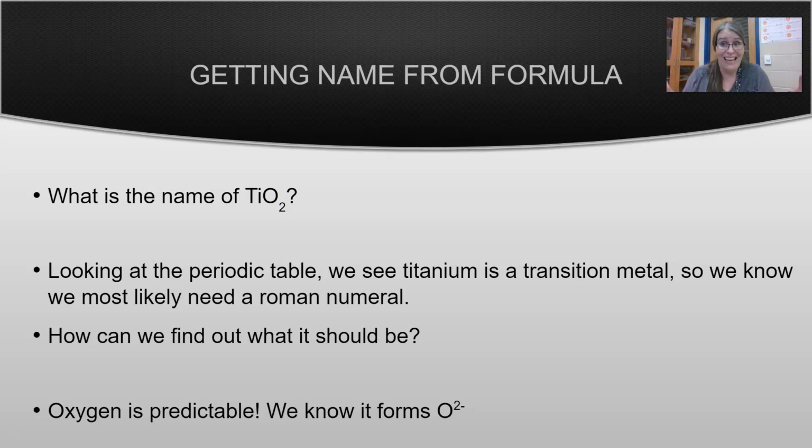And we can't just guess. We know it has to cancel out. And we know what oxygen does when it forms an ion. We know it forms oxygen 2 minus. So we can use the anion that we know the charge for to figure out what must be the charge on the cation so that they cancel out and we have a compound that exists.